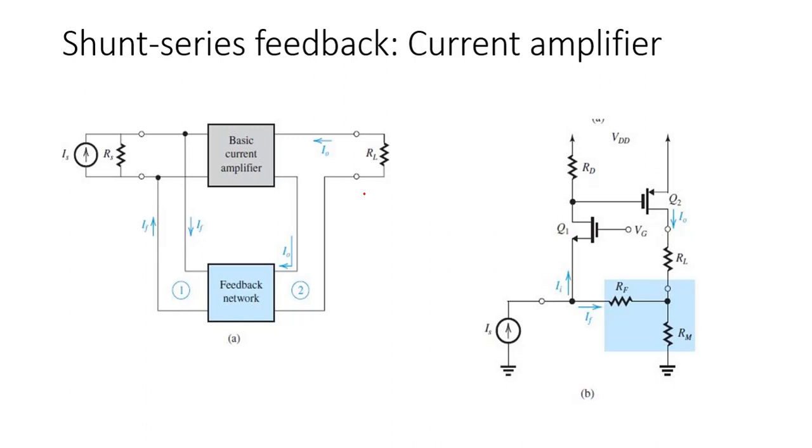This is because the feedback current If is subtracted from the source current Is. So input current Ii is equal to Is minus If. So when the feedback current is subtracted from the source current, very small input current is fed to the current amplifier.